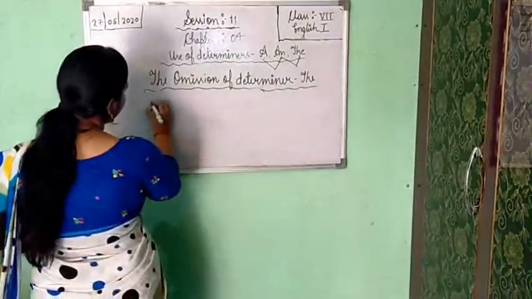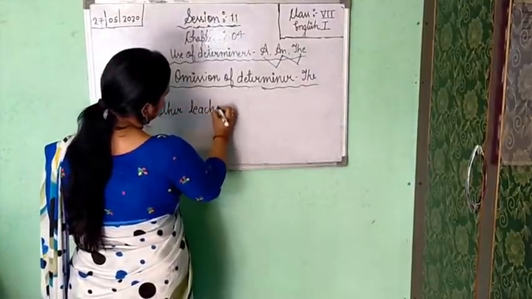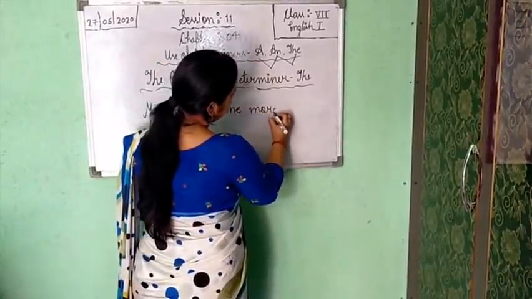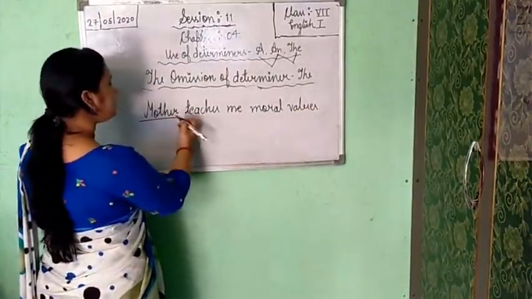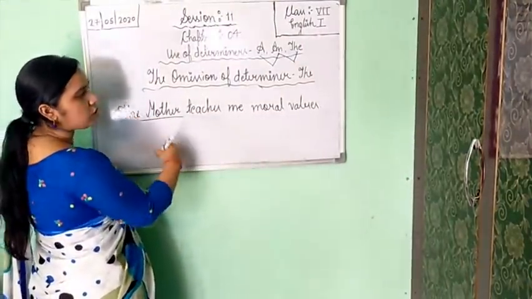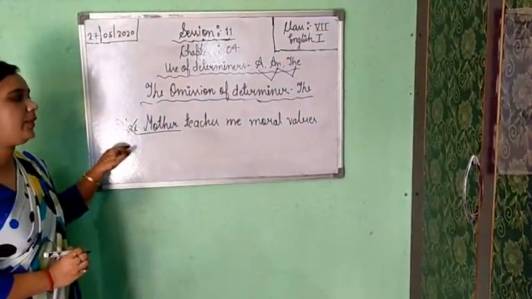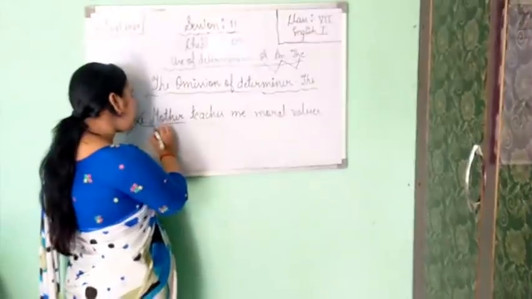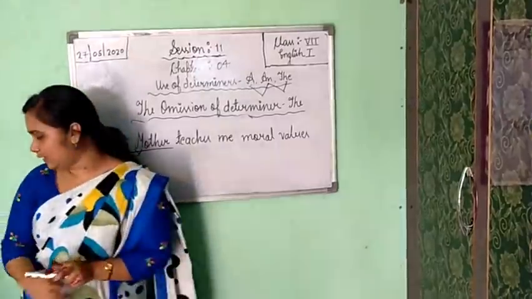See the example, mother teaches me moral values. Here it is showing relation only. If you are writing "the mother teaches me moral values," then it is wrong, because before a relation we don't have to use the determiner the. As I have told you, the relation resembles a proper noun, and a proper noun always starts with a capital letter. So the condition is this.